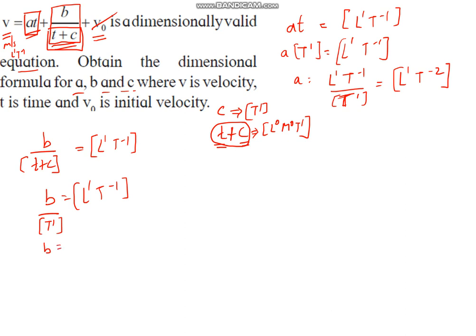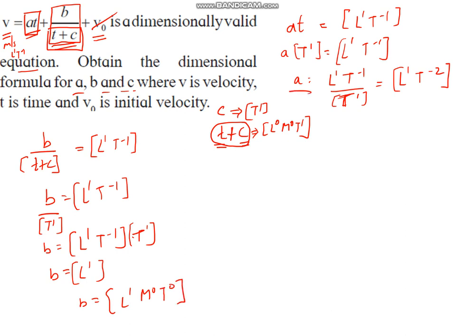So T1 इस बाजू जाएगा, so you'll have L1 T minus 1 and T1. So this minus 1 and 1 will cancel out and you're left with this L1. So we got B as L1 M0 T0, right? So we got A over here, B over here and C over here.